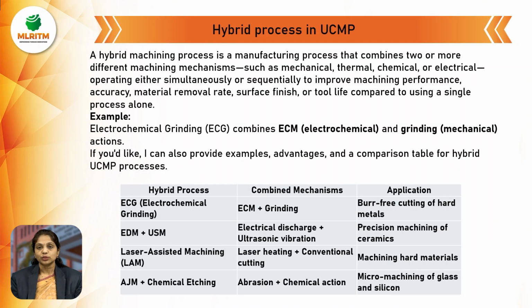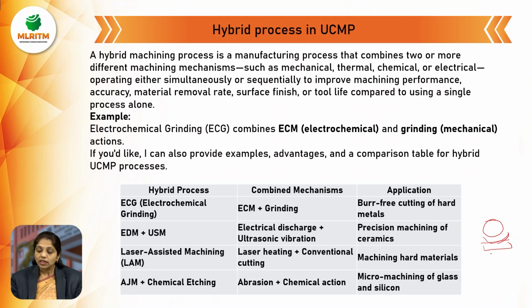Hybrid processes in UCMP. In the four modules, we have discussed individual technologies, individual machining methods one by one, and in the fifth module we are discussing hybrid process techniques, a combination of one and two. For example, grinding technology does not give high accuracy of the workpiece.